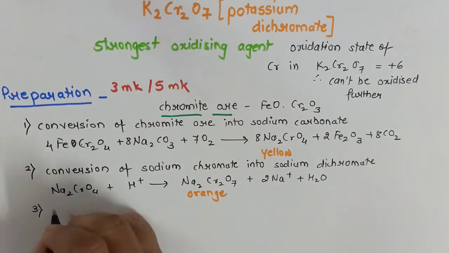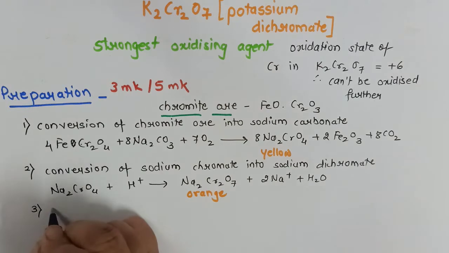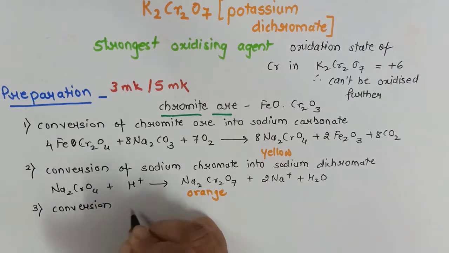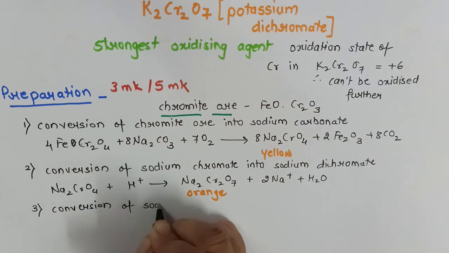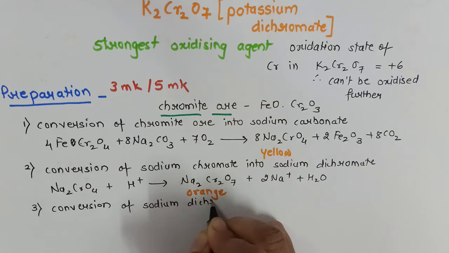Now in the third step, this sodium dichromate is converted into potassium dichromate. It is carried out by using an equimolar mixture.